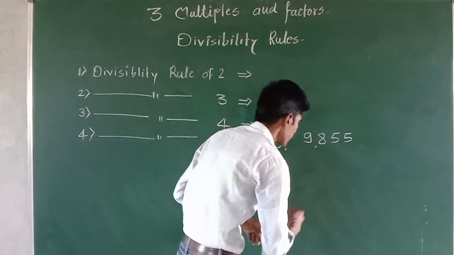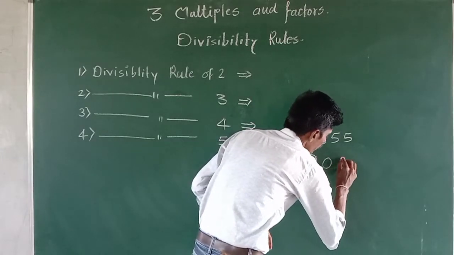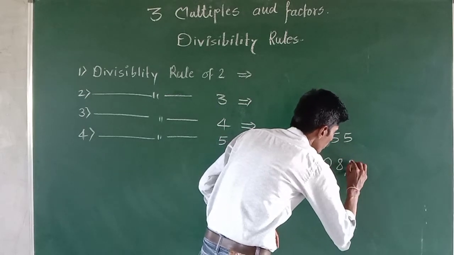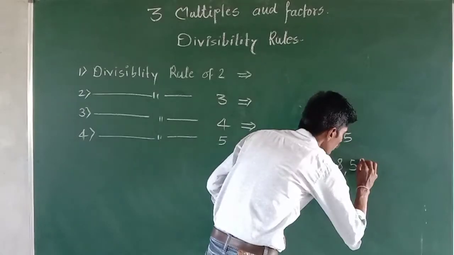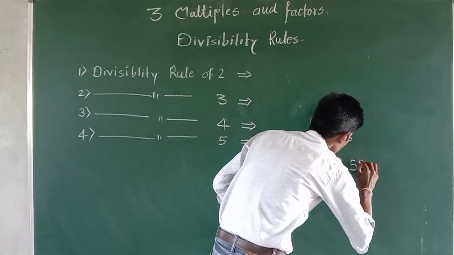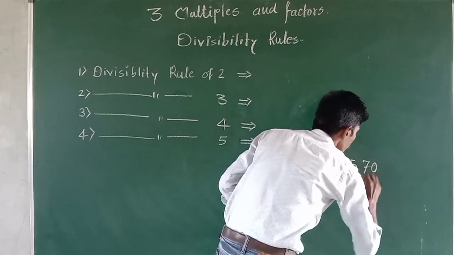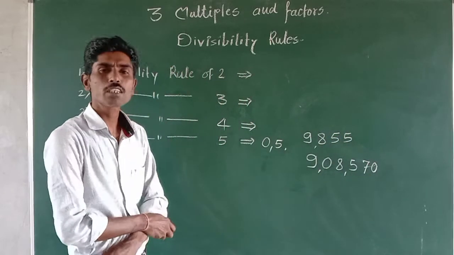Suppose we take the example 9,08,570. This is the given number.